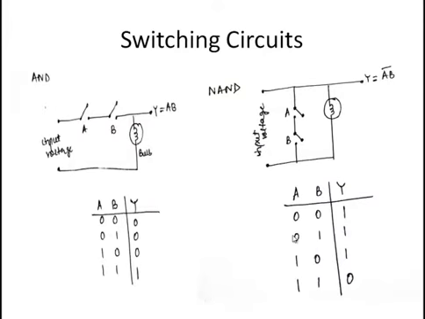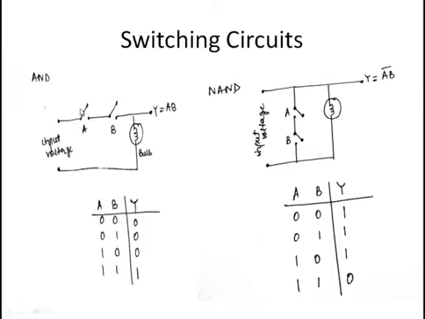Some switching circuits are given here which can help you to better understand the concept. It's like A and B are two switches. The zero state will represent that the switch is open, and 1 will represent that the switch is closed. So here 0 and 1 represent logics. Now 0 0, that means both are open. When both are open, no input voltage can reach the output, so Y will be 0.